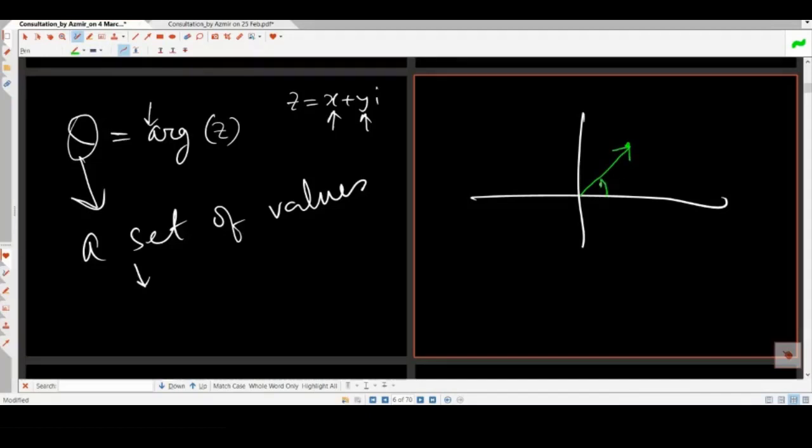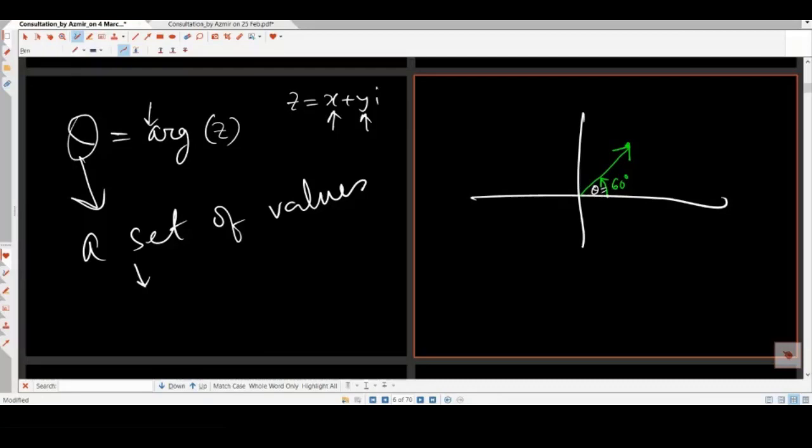Let's say this is 60 degree from the positive x-axis. This is also known as the counterclockwise direction. That is, we are coming from this direction. So the angle that we have here, or the argument that we have, is equal to 60 degree.